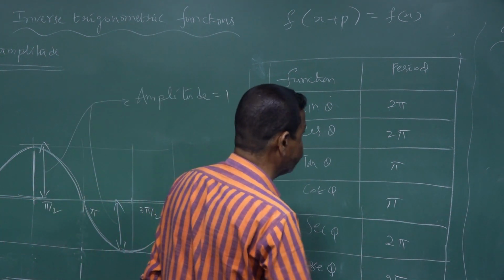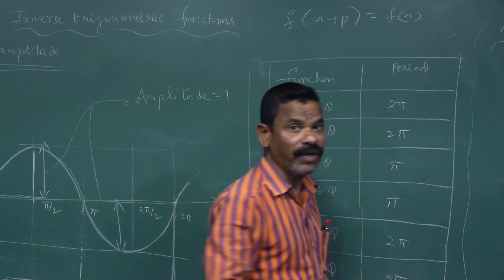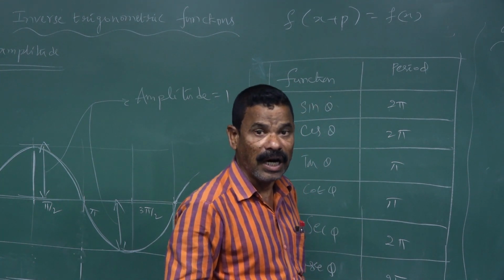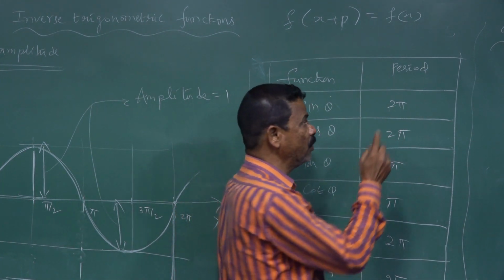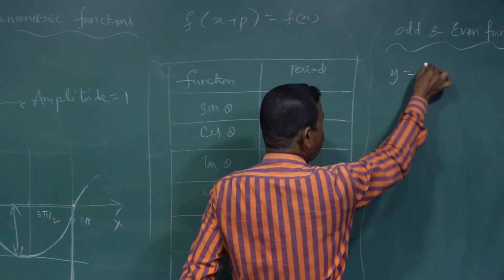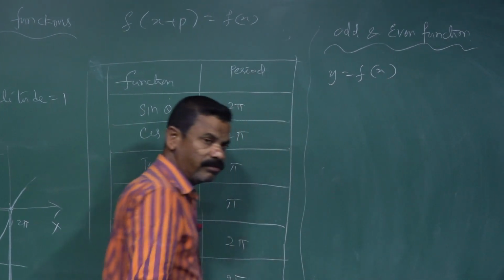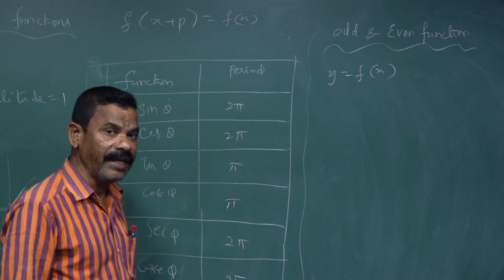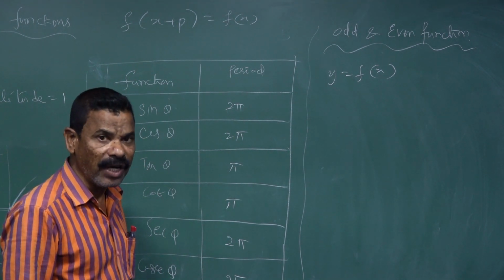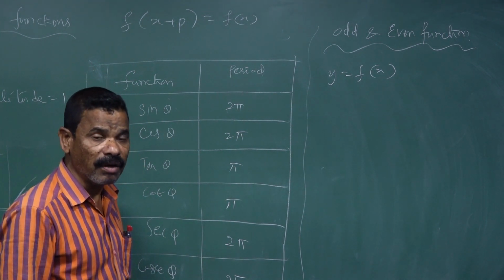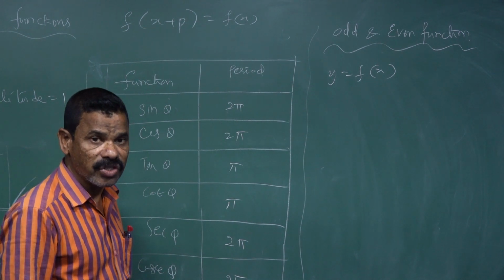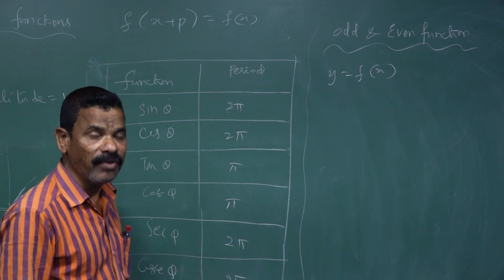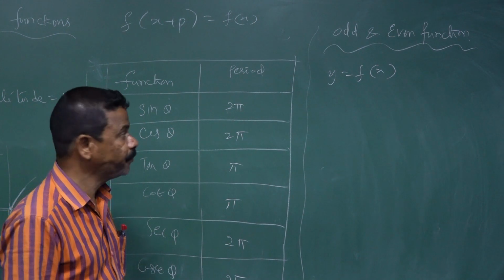After that, odd function and even function. So y is equal to f of x, any real valued function. Real valued function means not infinity, otherwise real function.